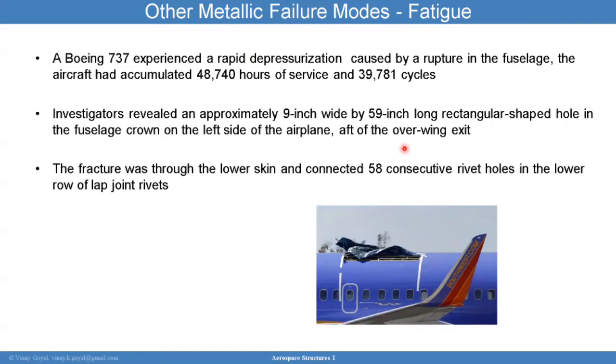What the investigators found was a significant amount of damage to the fuselage of a Southwest Airlines, and the fracture was through the lower skin and connected several rivet holes in the lower row of lap joints. And this is not the only incident. After inspecting other Southwest Airlines, it was found that they also had these flaws.